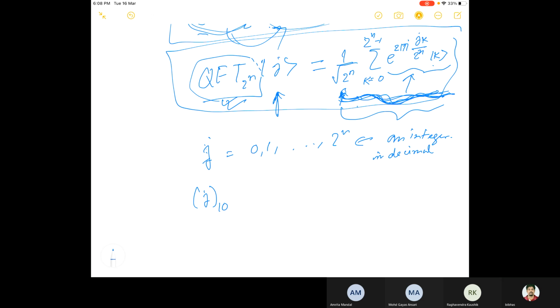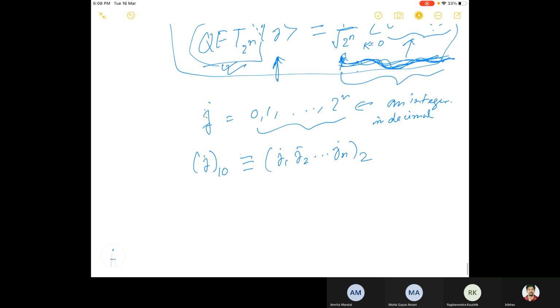Then this integer will always have a binary representation, right? Let's say J1, J2, dot dot dot, Jn, because it is up to 2 to the power n, there will be n such 0s and 1s. So this is a binary representation of J. If you convert this binary to decimal, then this representation is nothing but 2 to the power n minus 1 J1 plus 2 to the power n minus 2 J2 plus dot dot dot plus 2 to the power 0 Jn.